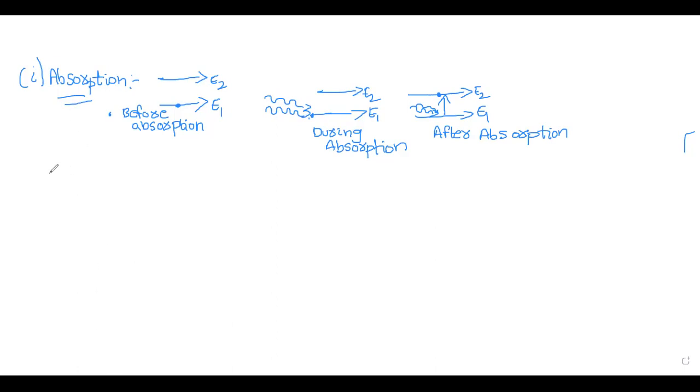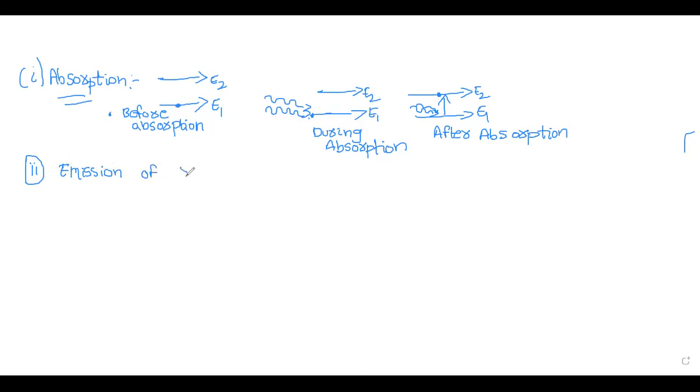Let us go to the emission part. The second important aspect that we will deal with is the emission. Here the emission may be of two different types. So we write it as emission of radiation.